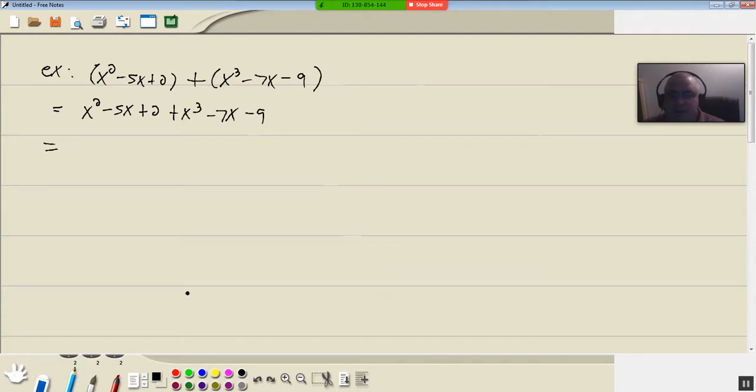Our largest power is x to the third, so I'll put it first. And then we got an x squared, so that goes next. Now our x's, we got negative 5x and negative 7x. That gives us negative 12x. And then we got numbers. We got 2 minus 9, which gives us negative 7. And that would be our answer.